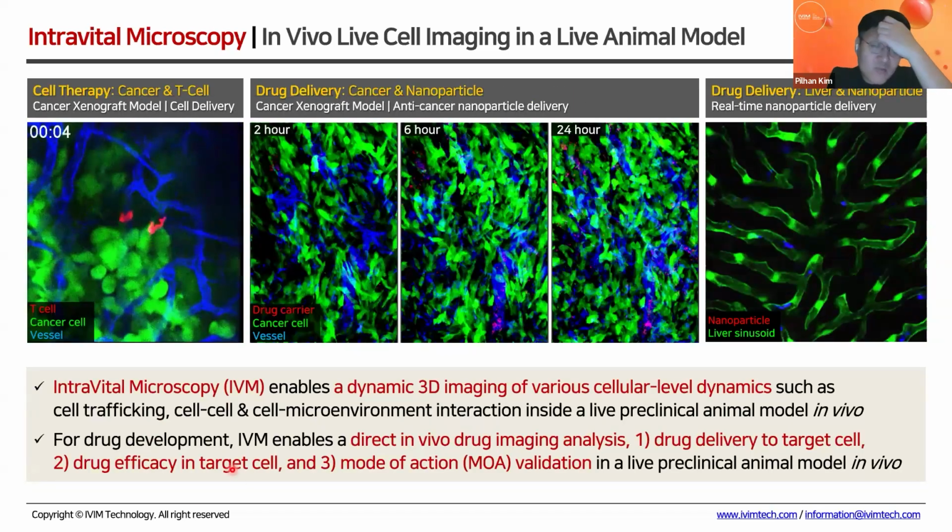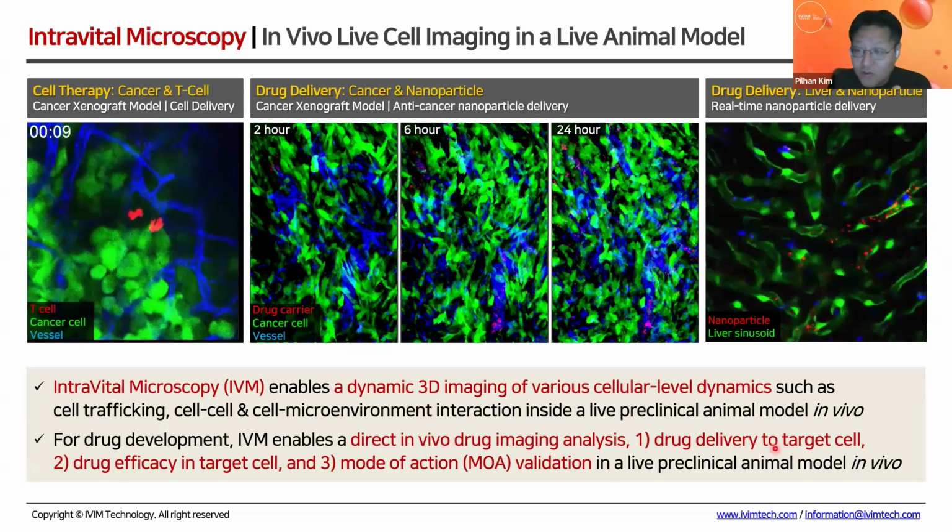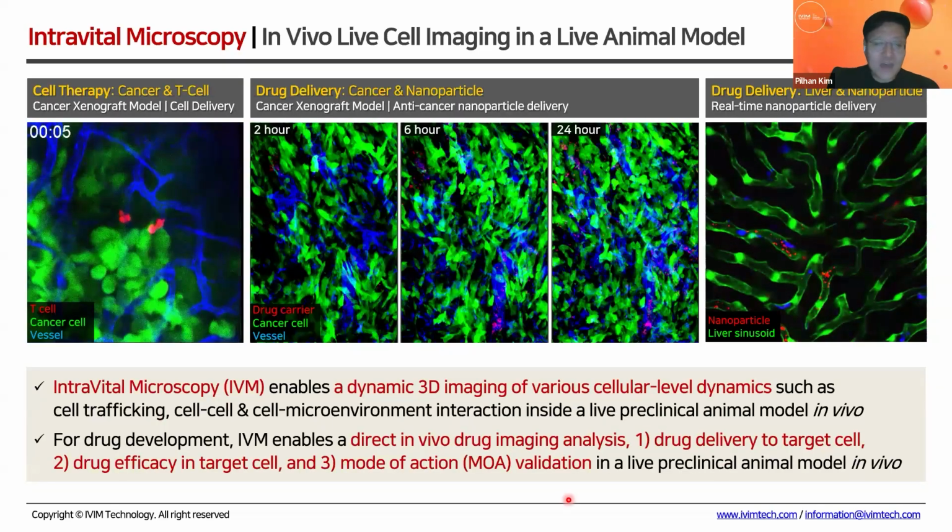Also, for drug development, we can use the intravital microscope to monitor drug delivery to the target cell, monitor efficacy after the delivery, and validate the mode of action, again in a live animal model in vivo.